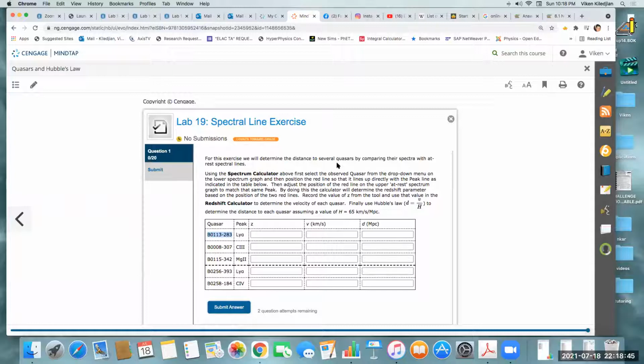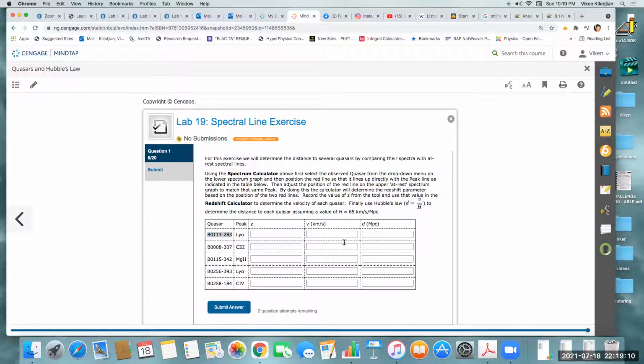Then adjust the position of the red line on the upper at-rest spectrum graph to match that same peak. By doing this, the calculator will determine the redshift parameter. Record the value of Z from the tool, and use that value in the Redshift calculator to determine the velocity of each quasar. Finally, use the Hubble law to determine the distance to each quasar, assuming a value of H.